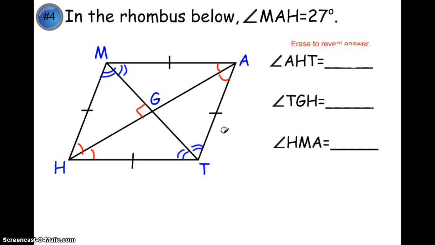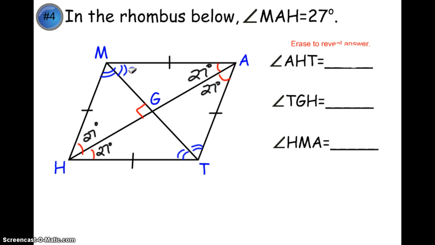If MAH is 27 degrees, so 27 degrees is right here, I need to figure out all my other angles. So anything that's red is 27 degrees.